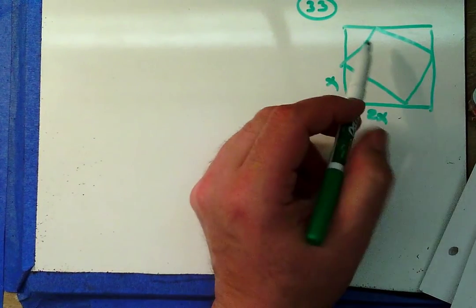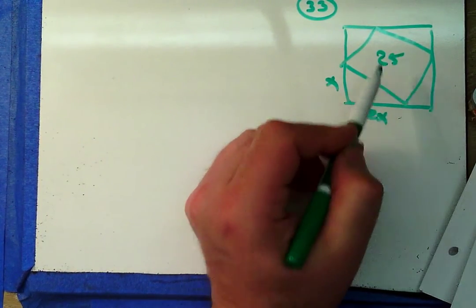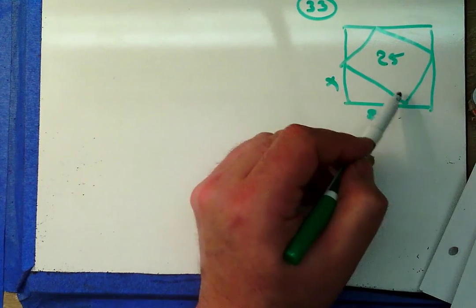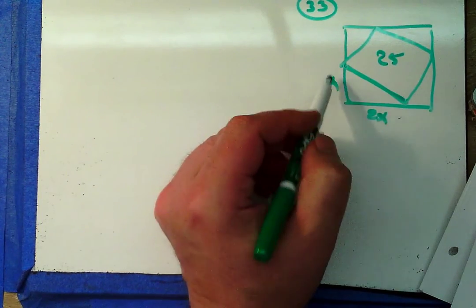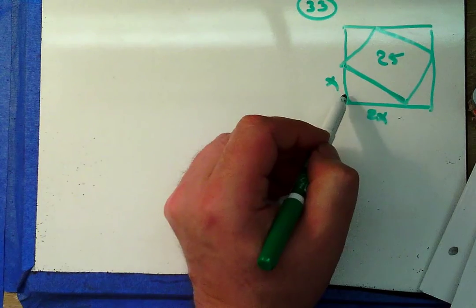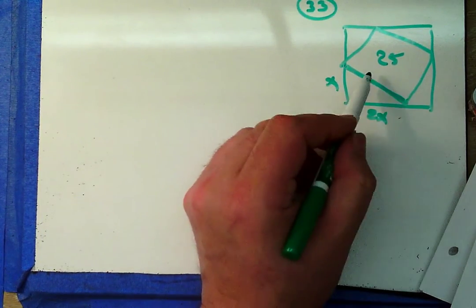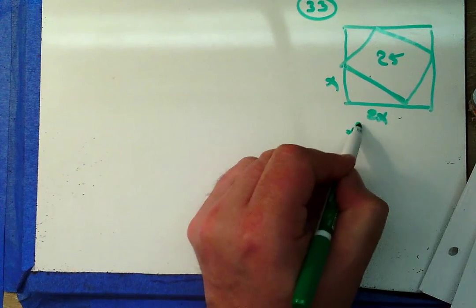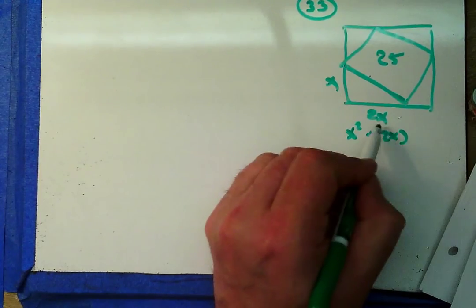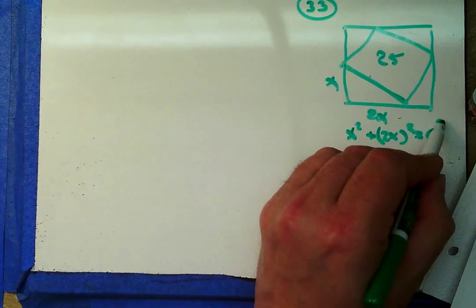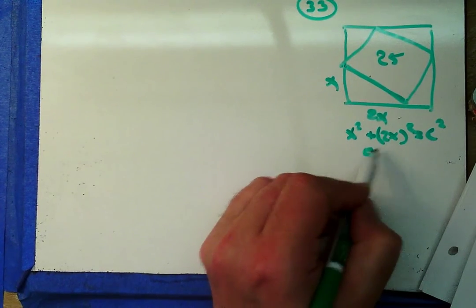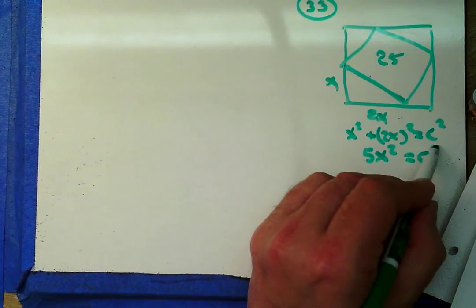Now they tell us that the area here is 25, and I know that this area is side squared. Well, using the Pythagorean theorem, a squared plus b squared equals c squared, x squared plus 2x squared equals c squared, I get 5x squared equals c squared.